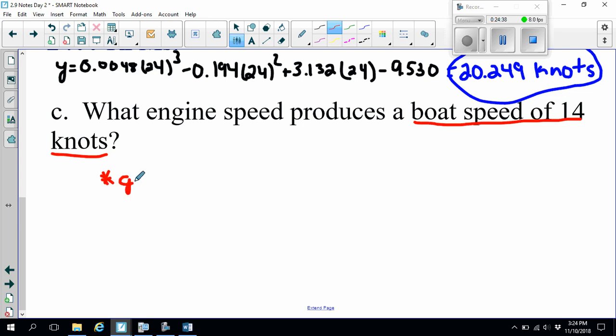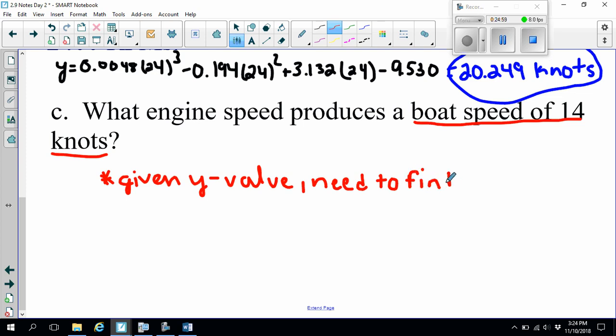You're given a y value, but you need to find the x value. This corresponds to what we have done before to find our x values.